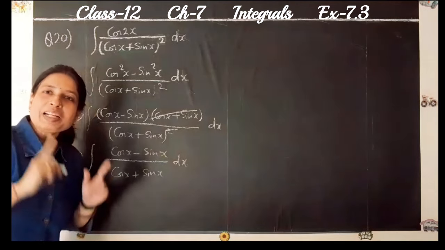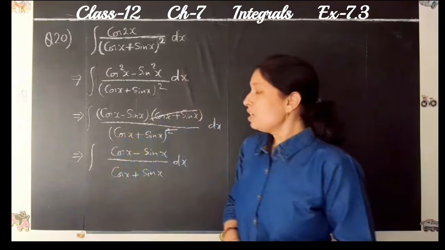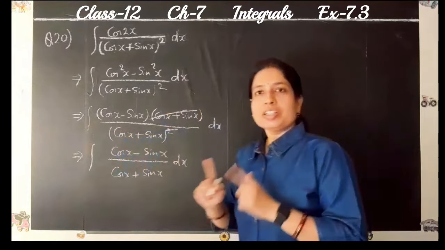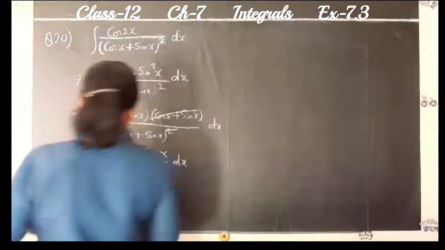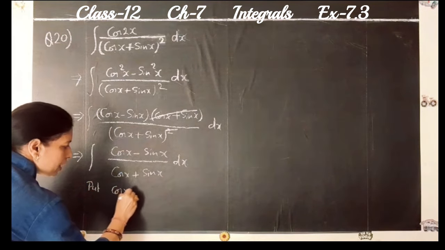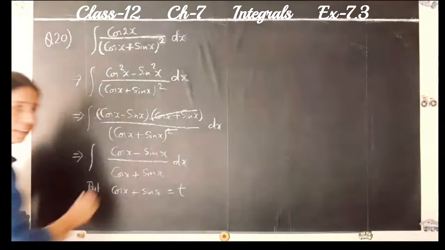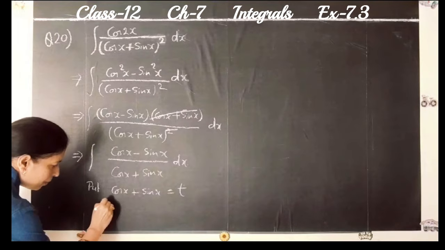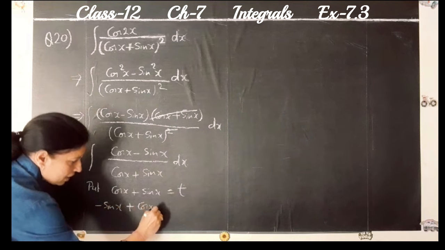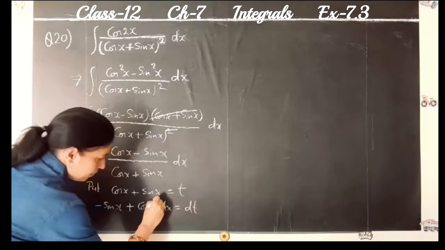And we know that derivative of sin x is cos x and derivative of cos x is minus sin x. So use the integration by substitution method here. Put cos x plus sin x is equal to t. Then differentiating, we get minus sin x plus cos x dx is equal to dt.